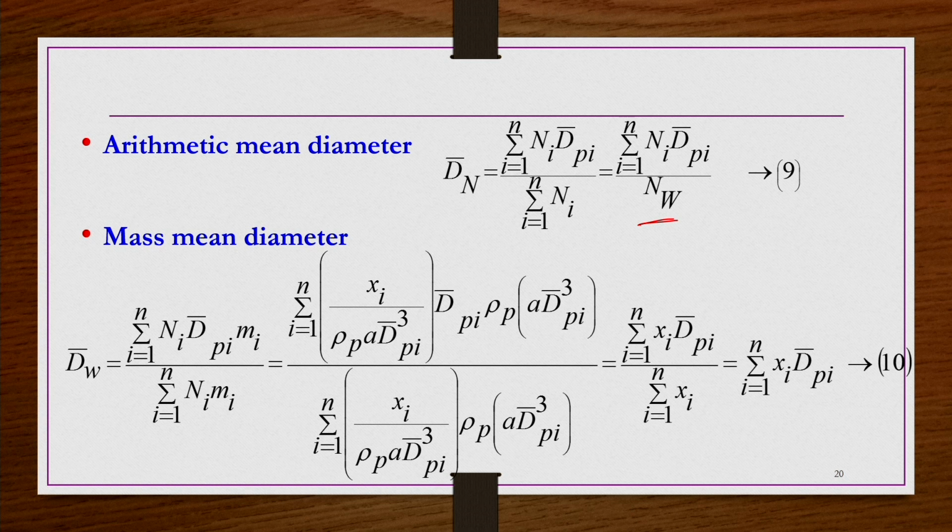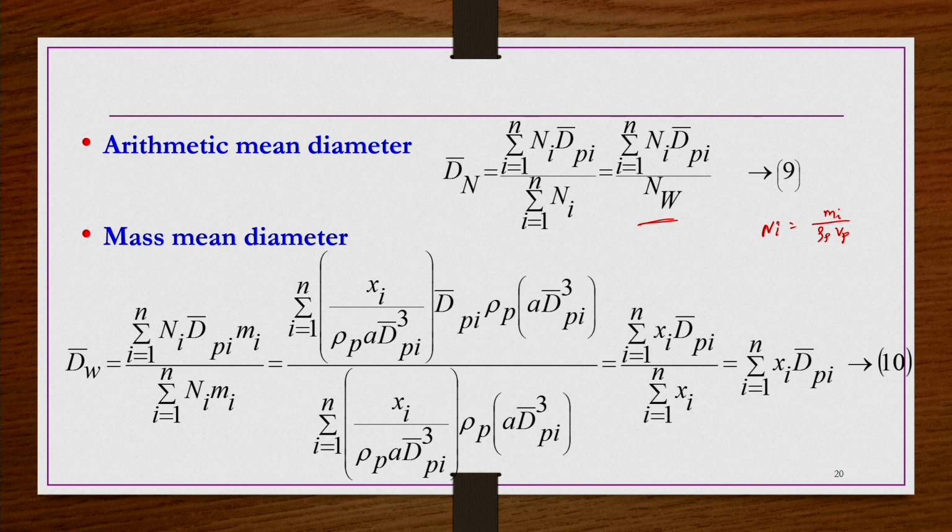Ni is nothing but Xi by rho p Vp. Actually, this Ni is Mi by rho p Vp. Mi by rho p is the volume of all the particles present in that ith increment, and Vp is the volume of one single particle taken from that increment. But here we are working per unit mass of the sample, so if you divide by capital M, you get Xi by rho p Vp.